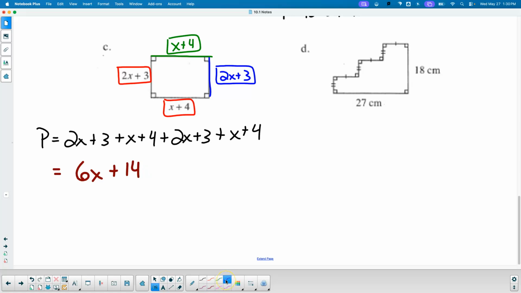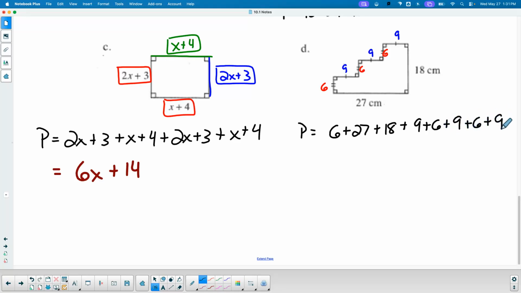In this figure before, we said that these were 9 because they're equal and divides into there. In this figure before, we said these were 6. So my perimeter here is going to be 6 plus 27 plus 18 plus 9 plus 6 plus 9 plus 6 plus 9. 1, 2, 3, 4, 5, 6, 7, 8.